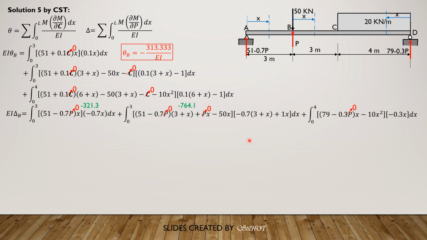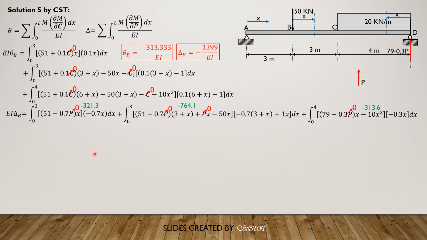So the result is negative 764.1. So this is the new term, but we expect the same results. So if you evaluate the integral of that, it is also negative 313.6. So combining, EI delta B, or delta B, is negative 1399 over EI as before.